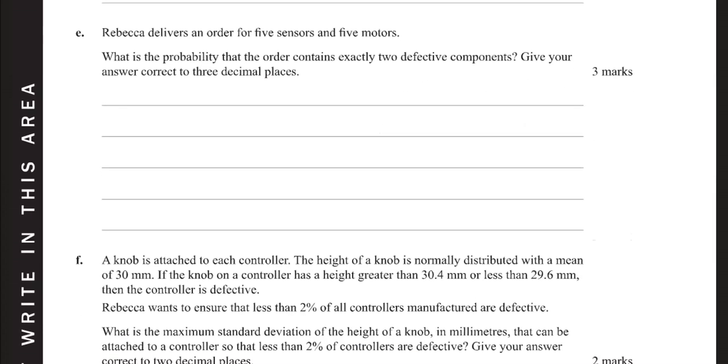Part E, Rebecca delivers an order for 5 sensors and 5 motors, and we need to find the probability that the order contains exactly 2 defective components. So the combinations to get 2 defective components are 2 sensors.